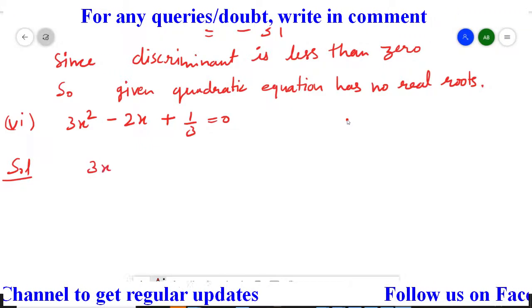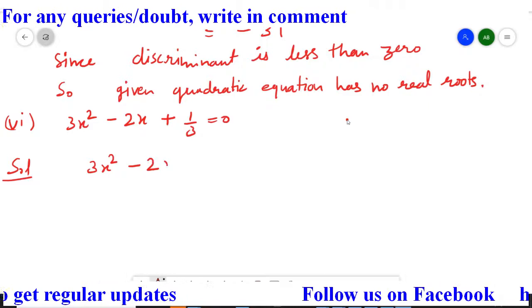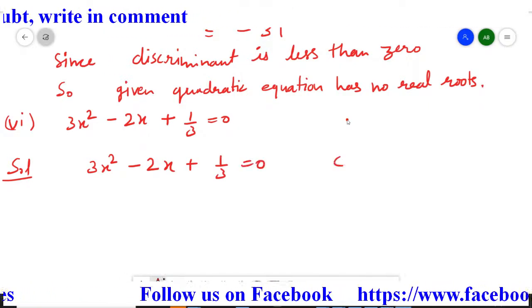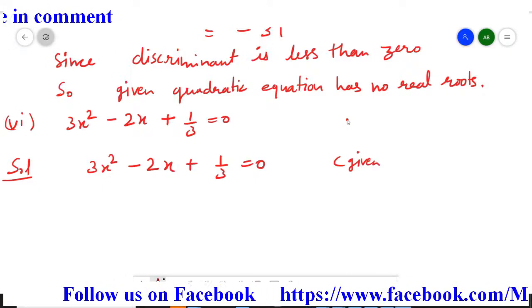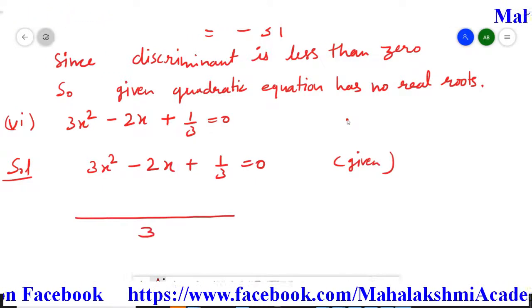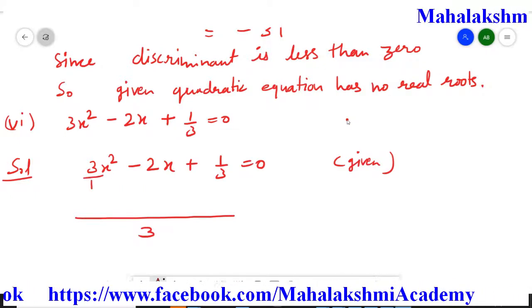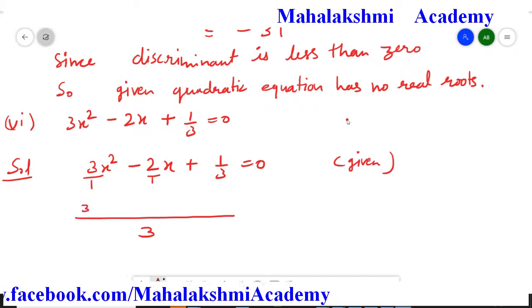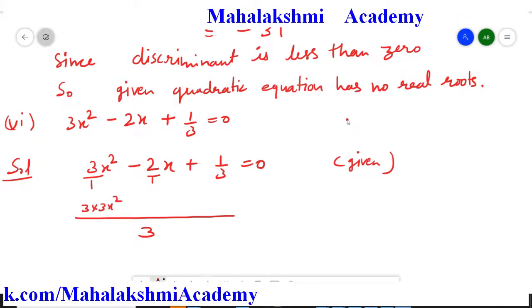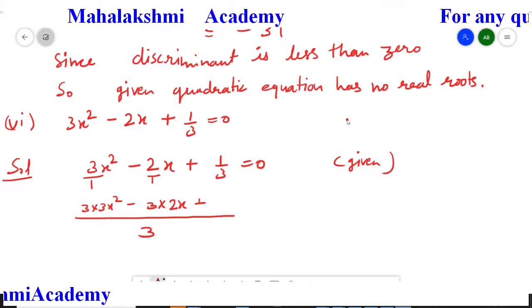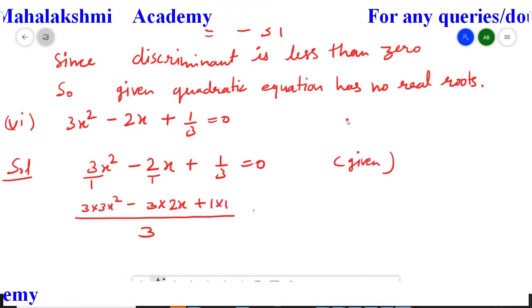Then to convert it into standard form, I am going to take the LCM. LCM is going to be 3. Nothing is there under the other terms, so put 1 for the LCM. Then when we divide and multiply, we get 3 into 3x squared minus 3 multiplied by 2x plus 1 into 1 equal to 0.